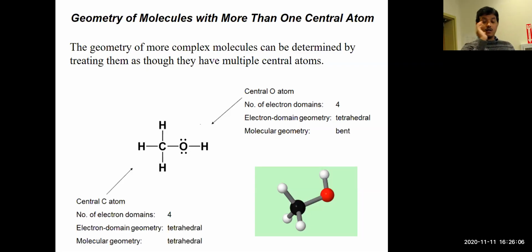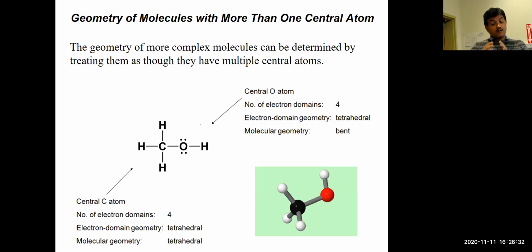Before I move on to bond angles, let's summarize. Our goal in this section is to correctly identify the molecular geometry of any molecule, so that you can use it for applications such as polarity or intermolecular forces in future, or in chemical reactions, predicting the product in organic chemistry.